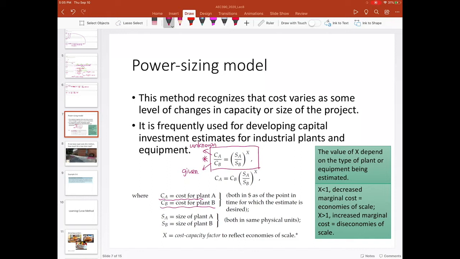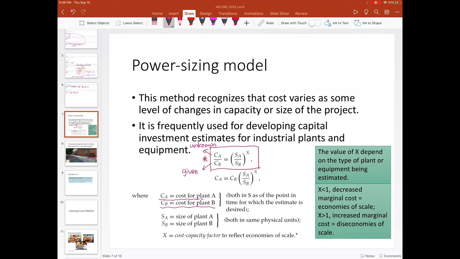So if you have the given cost for project B at present, then the estimated cost for project A is also at present, right? We all know that prices and costs and money change with time, right? So you have to make sure that the comparison is done at the same time.